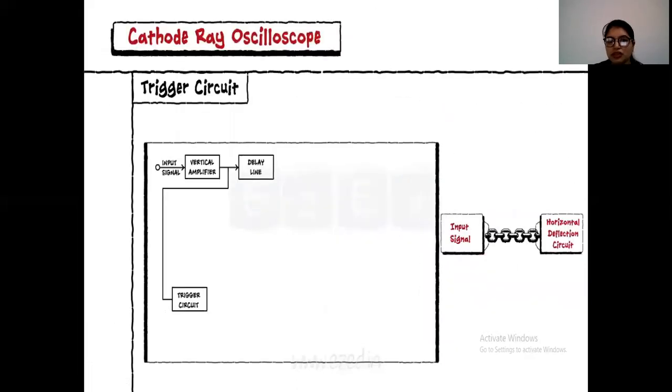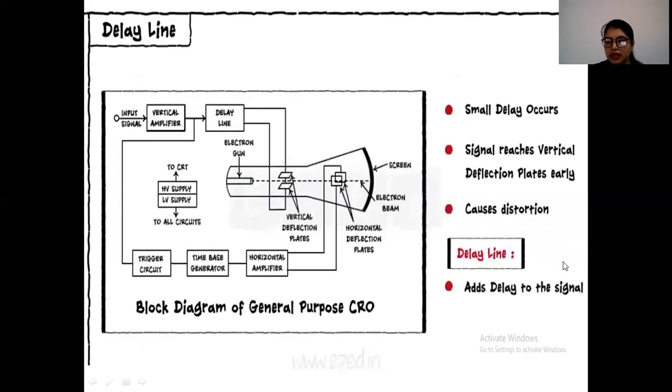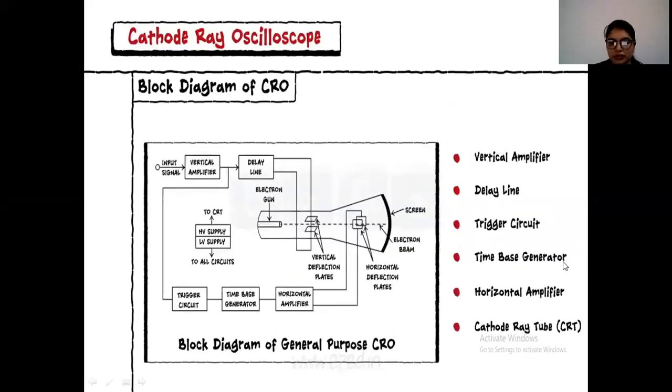Now what is the function of trigger circuit? The function of trigger circuit is to provide synchronization between our input signal and horizontal deflection circuit. As we can see, this path goes to our horizontal deflection plates. So the trigger circuit will provide synchronization of signal from our input signal to our horizontal deflection signal.